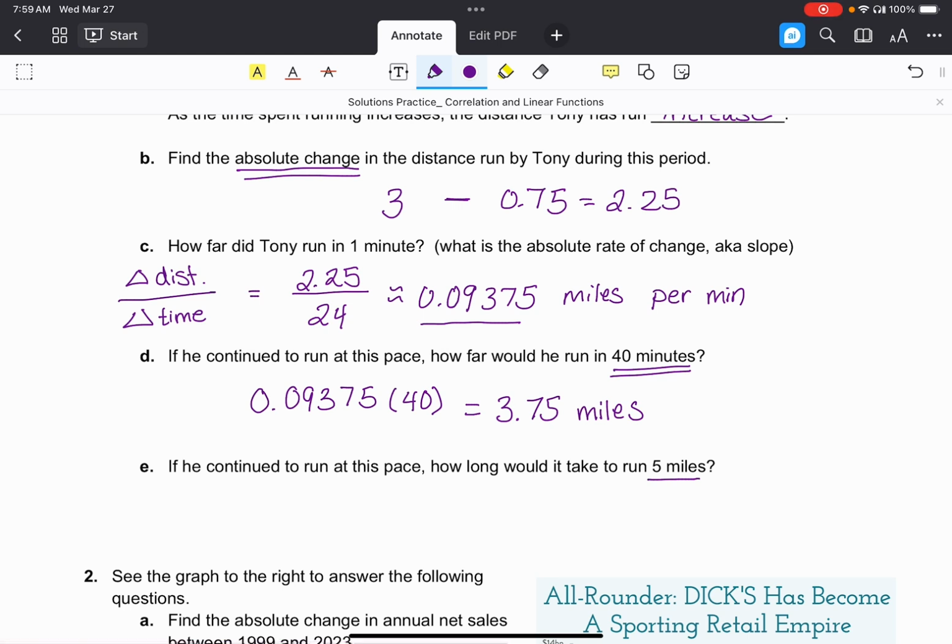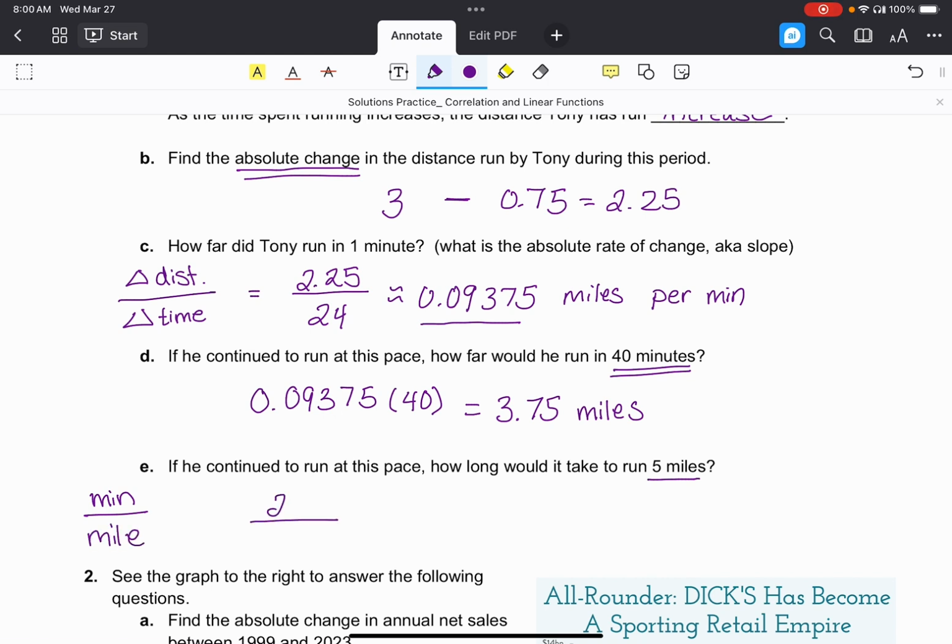So I'm going to approach this two different ways. So one way is I can use proportional reasoning because we're going off this idea that he has this fixed distance that it takes a certain amount of time. And up on part C, we said, well, he could run 2.25 miles in 24 minutes. So I'm going to actually do this as a minute to mile relationship.